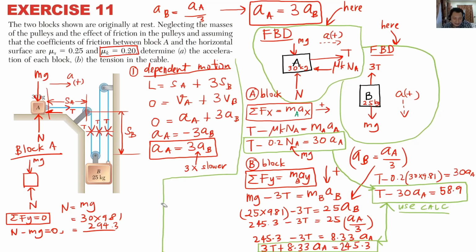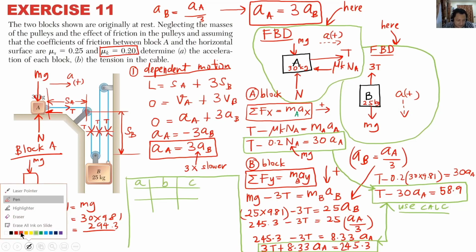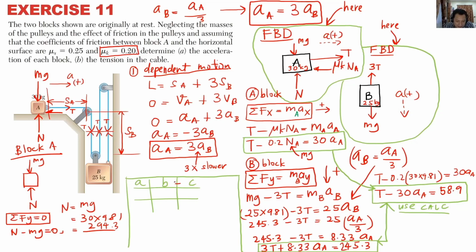Okay, so let's solve it using calculator in this small space here. So you're gonna see something like this. This one will be A, this one will be B, this one will be C. Put down all the values that we need.